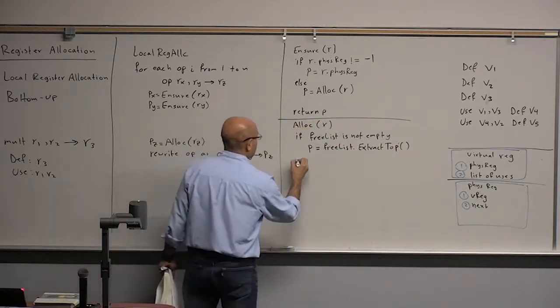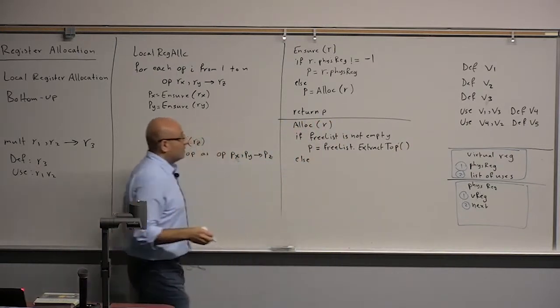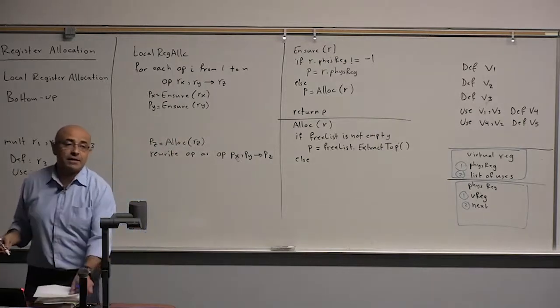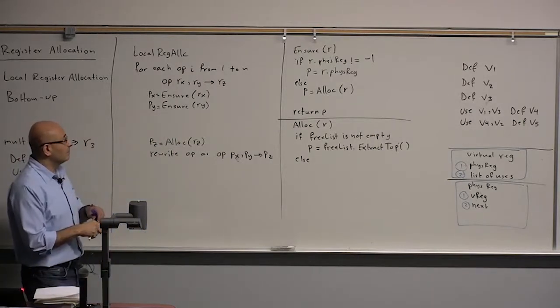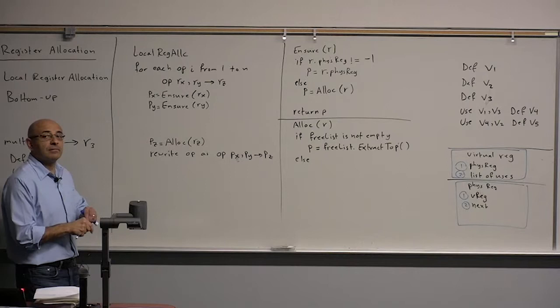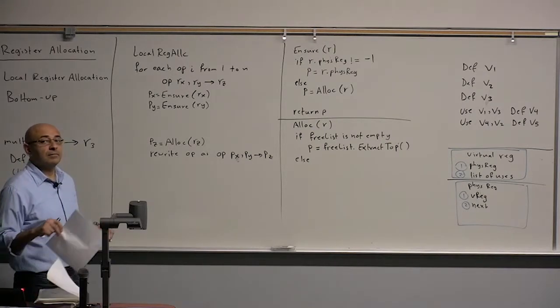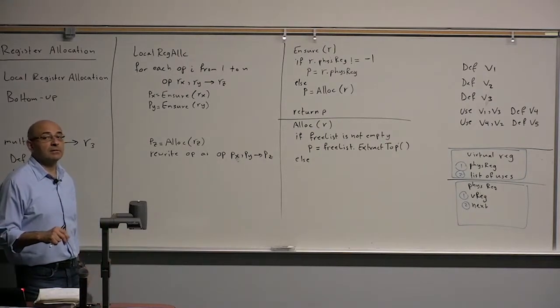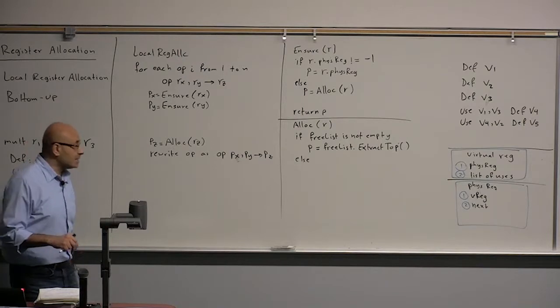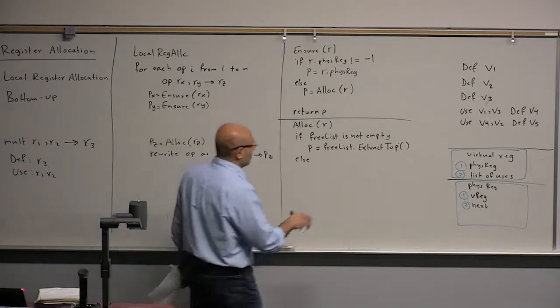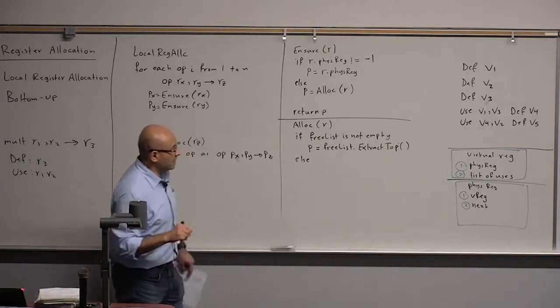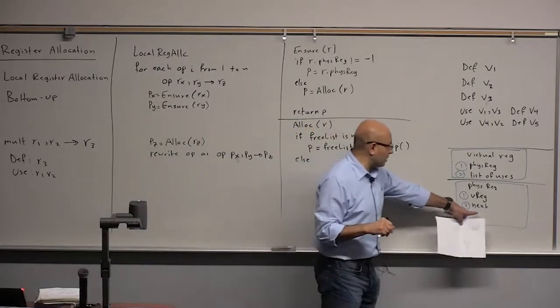Else, if there is nothing in the free list, what should we do? Look for the register that's used the furthest down the line. Yeah, exactly. So the physical register with the farthest next use.